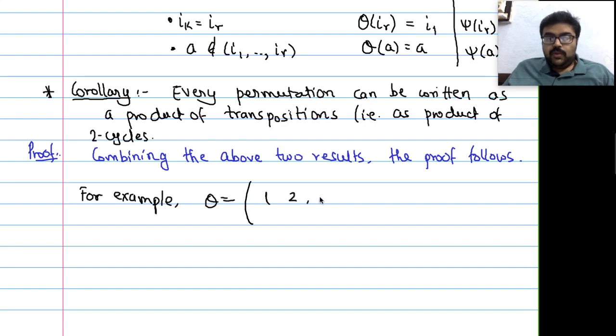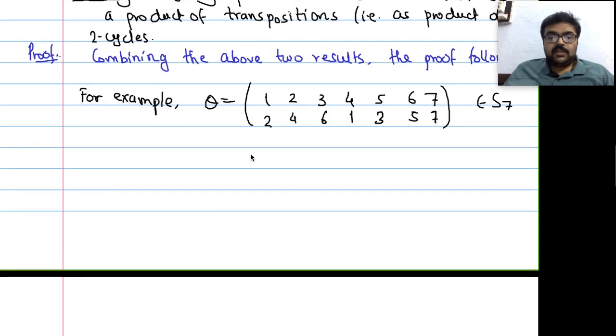A permutation in S7: 1 goes to 2, 2 goes to 4, 4 goes to 1, 3 goes to 6, 6 goes to 5, 5 goes to 3, and 7 to 7. So we express this theta as a product of disjoint cycles: (1 2 4), another, a 3 cycle (3 6 5), and another one is (7).